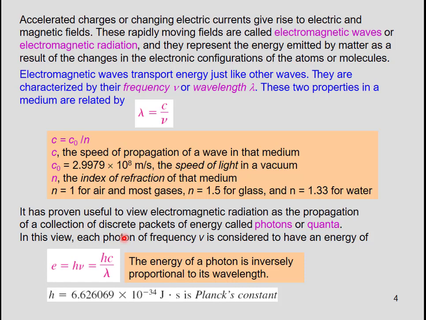This is important. We will see how it affects the energy of different types of electromagnetic waves. And h is Planck's constant, which is equal to 6.6 something times 10 to the power negative 34 joule second. This is a constant to calculate the energy of any photon in electromagnetic waves with lambda wavelengths.